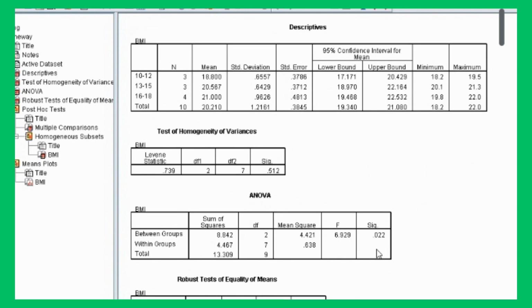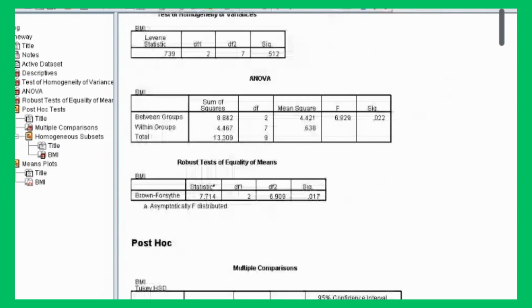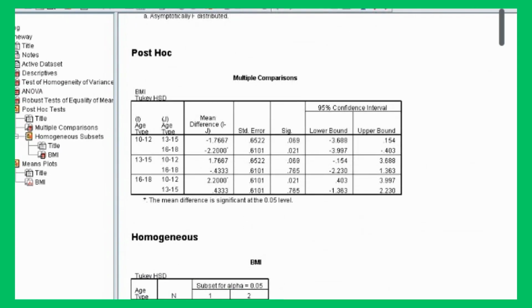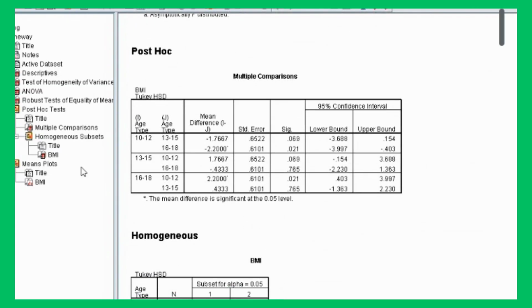So for you to know which group is significantly different from the rest, we are going to use the post-hoc table. So this is the post-hoc table. We have the age groups here.